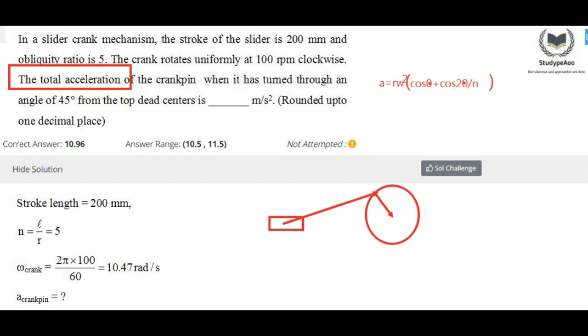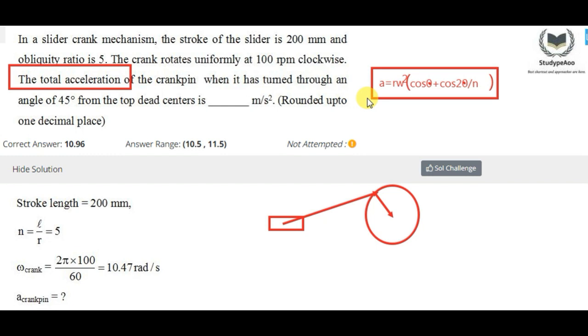So many of you know the formula for finding the acceleration in slider crank mechanism. You know this formula, A is equals to r omega square into cos theta plus cos 2 theta divided by n. So we are all going to use this formula. All the information in this question is given to us and we can simply put these values in this formula and find out the acceleration in slider crank mechanism.